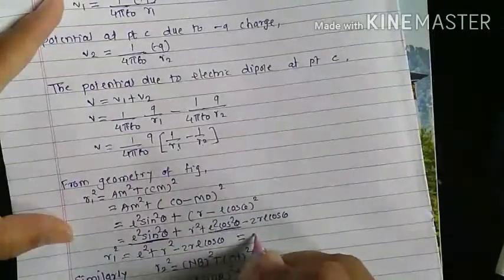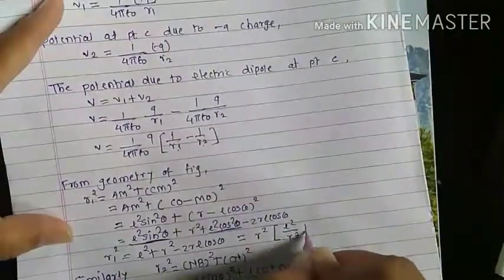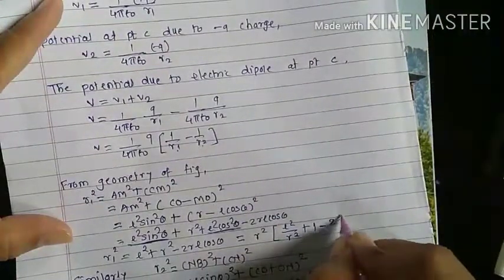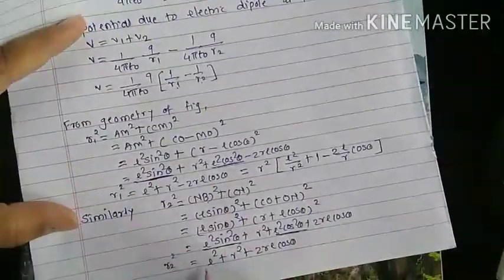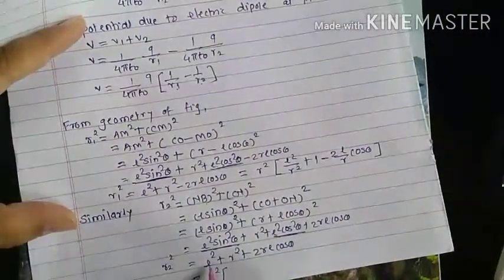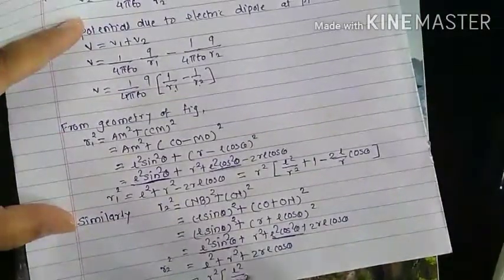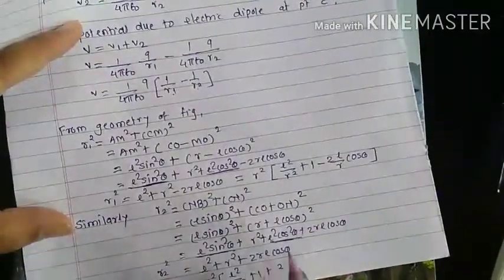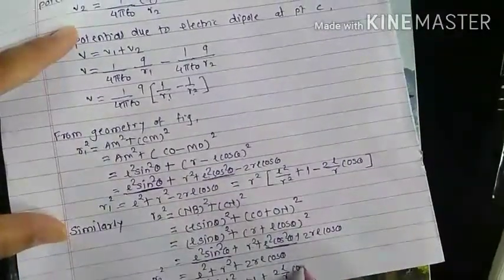Then it can be written as R square in a bracket, L square by R square plus 1 minus twice L by R cos theta. Similarly, from this equation, let me take R square common in a bracket. L square by R square plus 1 plus twice L by R cos theta.